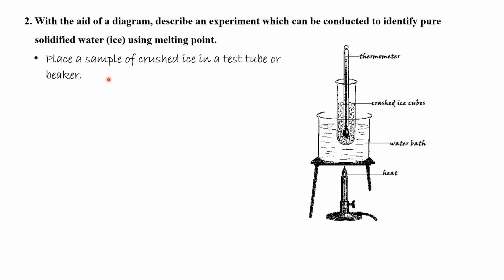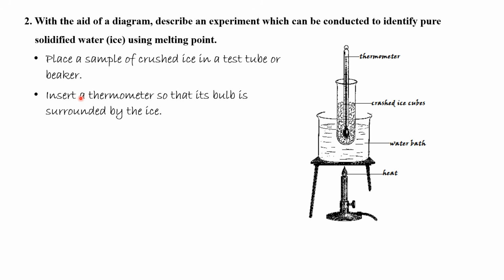Then insert a thermometer so that its bulb is surrounded by the ice. So the thermometer should be inserted as deep into the ice as possible. It should not hang up there. It should touch the ice and be covered by the ice cubes.